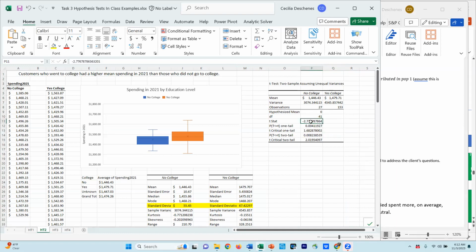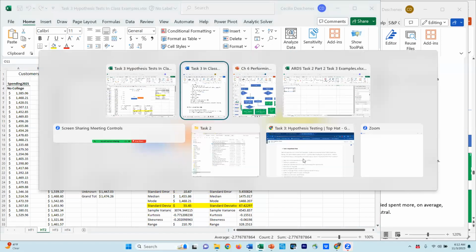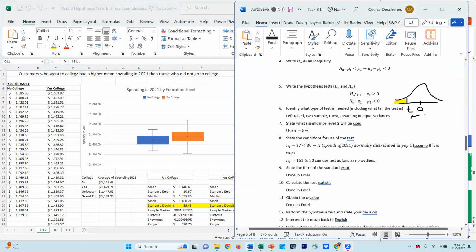So we see our test statistic, and it's a negative 2.78, which is great because that matches up with what we expected.